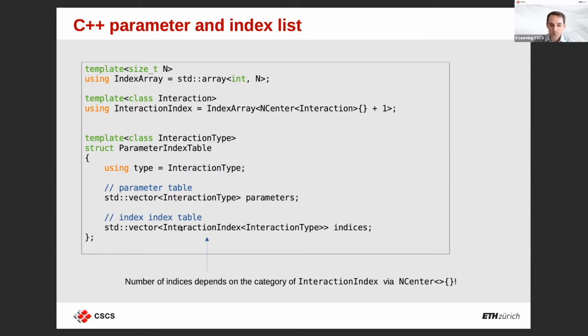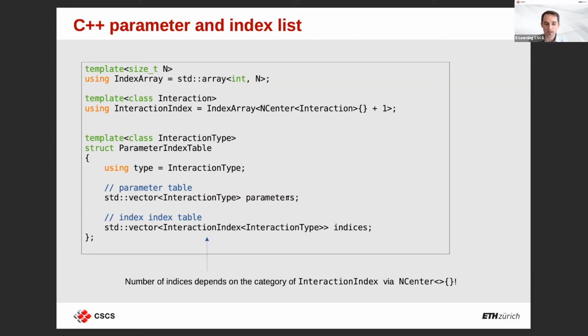And then now here, if we want to store the index, there's already an observation that the number of indices that you need depends on the category of your interaction type. So for angles, this is actually a vector of 3 indices, and you need 1 additional index.